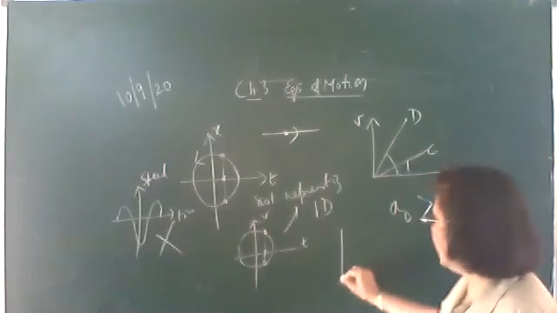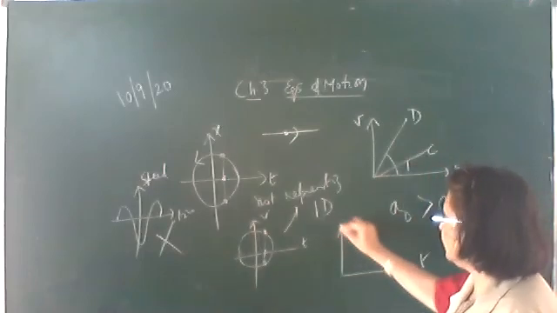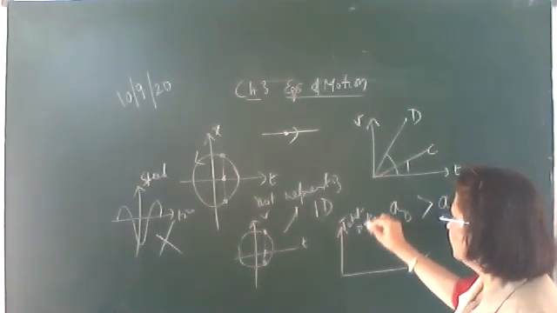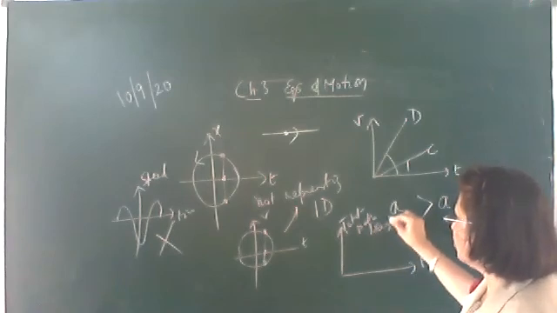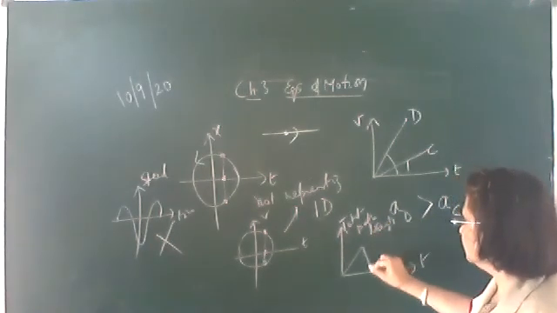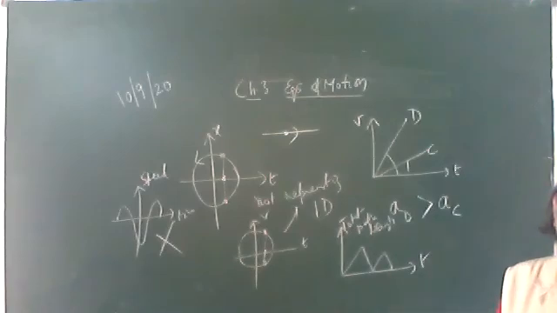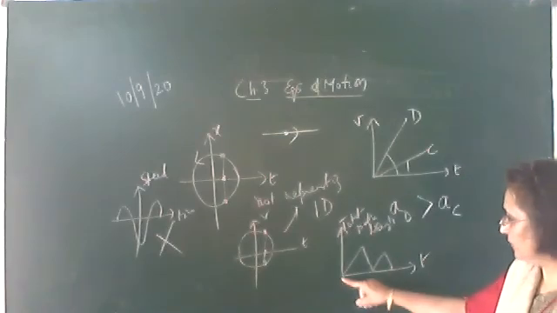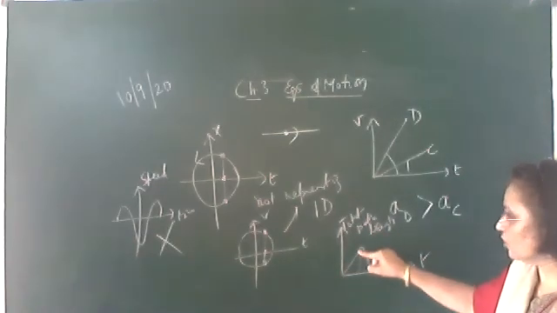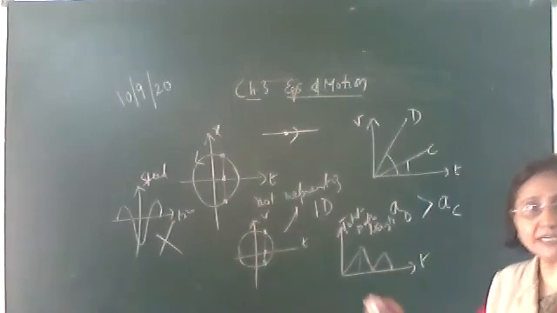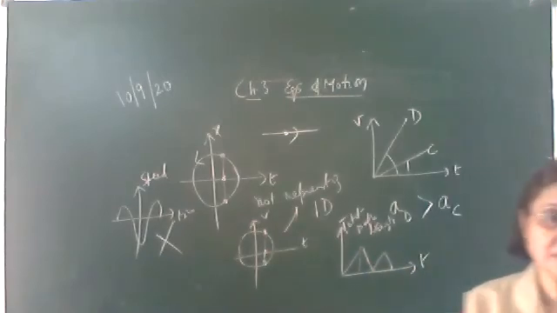Okay, if it is given the total path length, what is total path length? Distance. The total path length, is this graph possible? Now the total path length is decreasing with the time. Can the distance decrease?